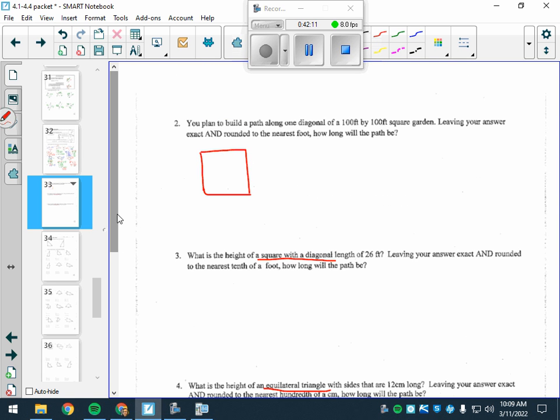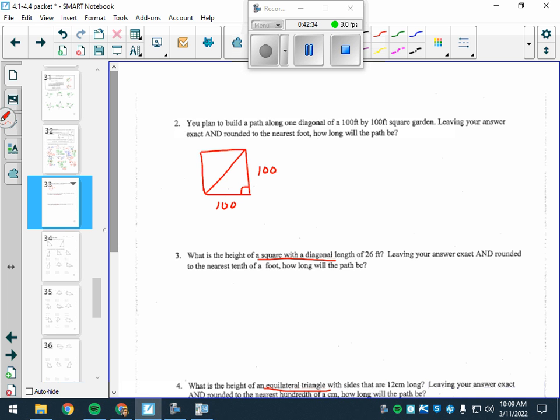These problems can be solved with Pythagorean theorem, but they also can be solved a lot faster with 30, 60, 90, or 45, 45, 90 triangles. It says you plan to build a path along one diagonal of a 100 by 100 square garden. Leave your answer exact and rounded. Okay, we'll do both. How long will the path be?